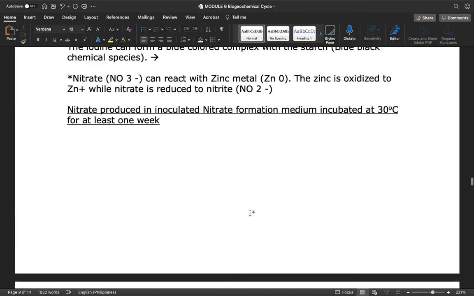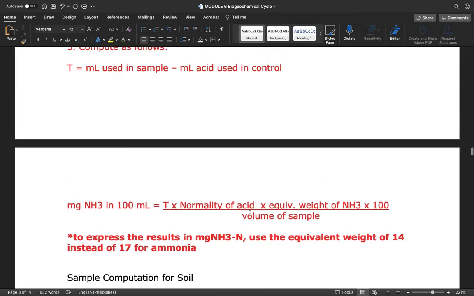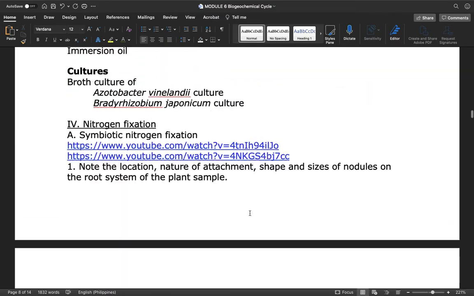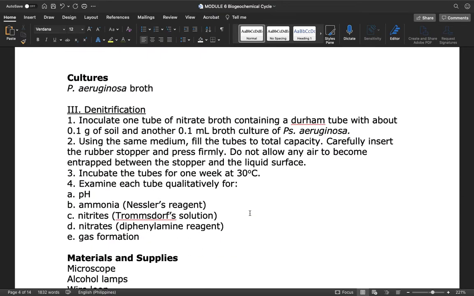Now, second to the last part of the discussion is the process of denitrification. Denitrification, as we've discussed in the lecture, is the process that converts nitrate to nitrogen gas.